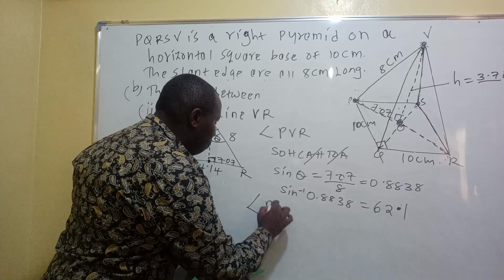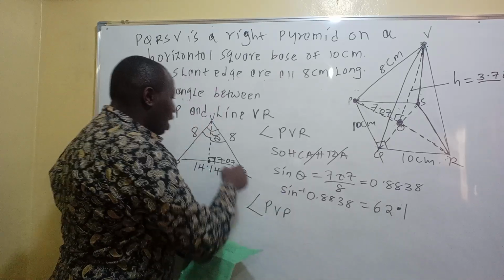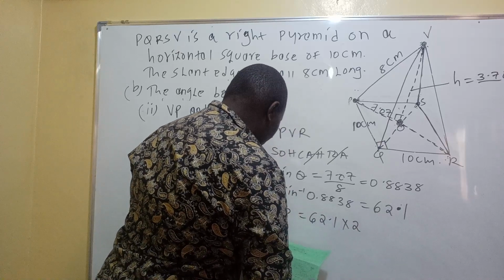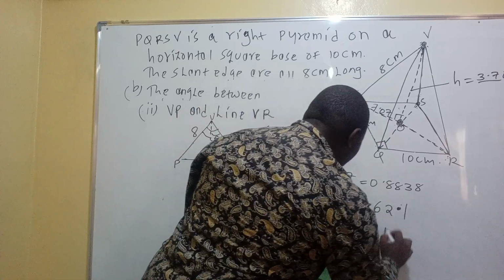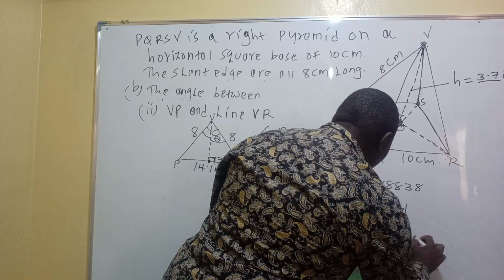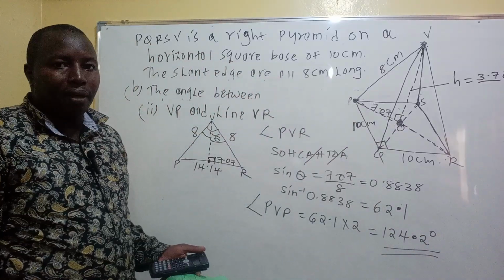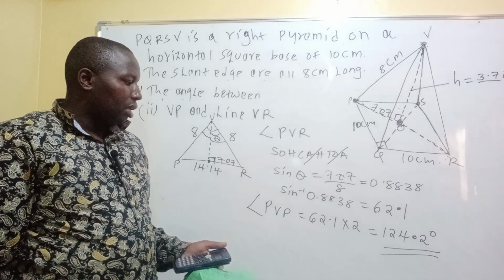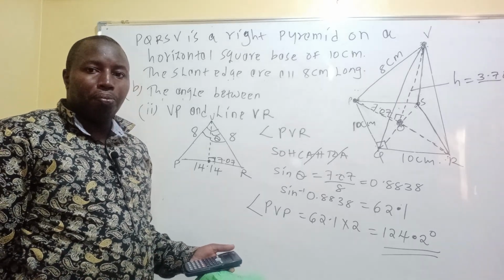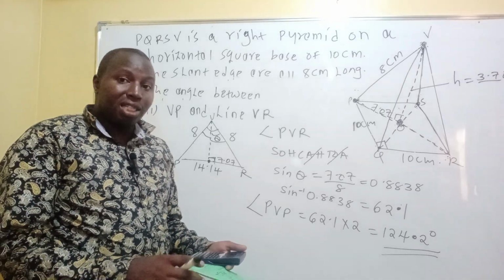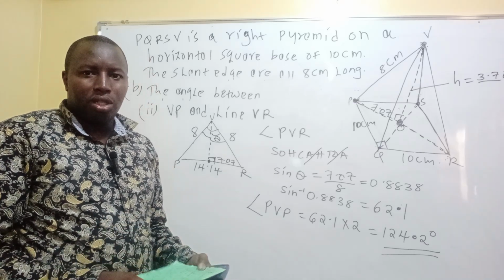So the angle required, PVR, is 62.1 times 2. You get 124.2 degrees. So that is how you work out that kind of question.